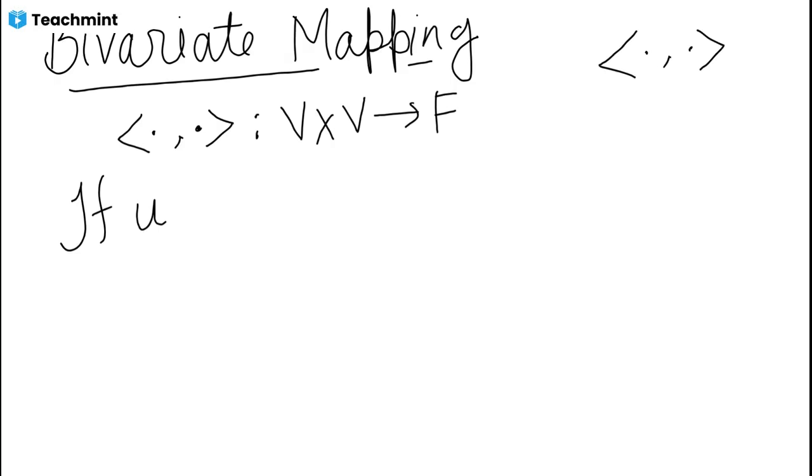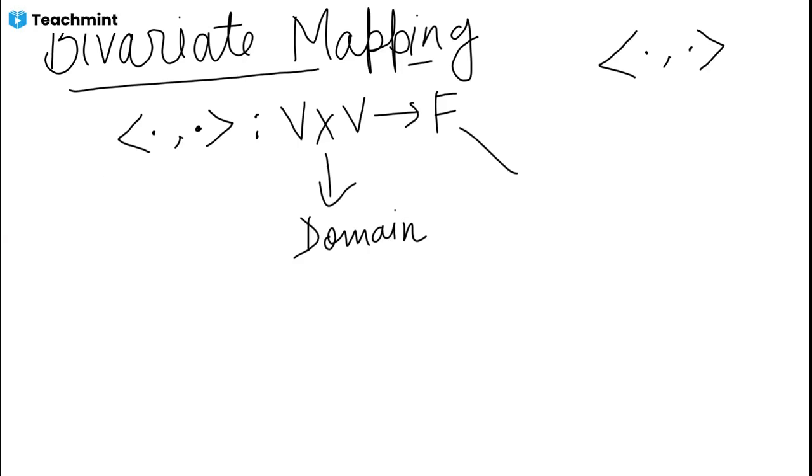Do you remember functions? The domain is the input, the range is the output. So this is the domain. It means we have the domain V cross V and the range in the field, a scalar, a set of scalars.